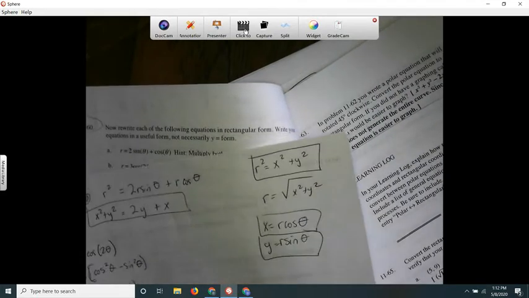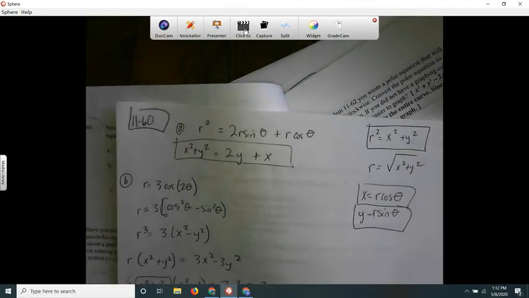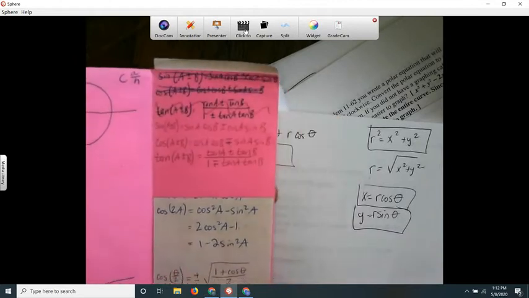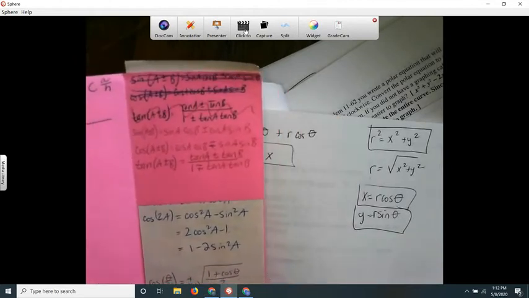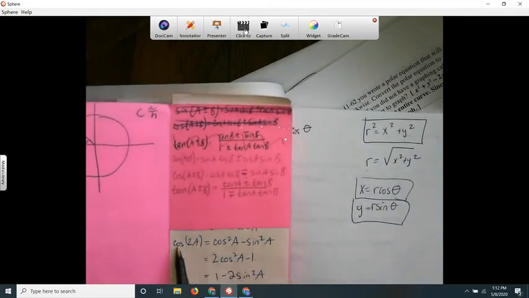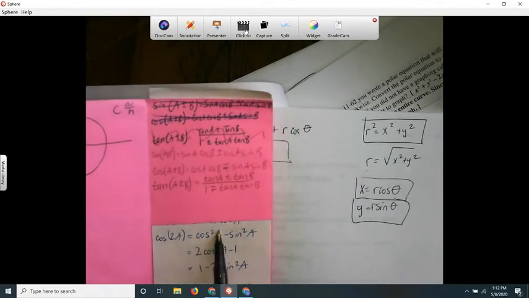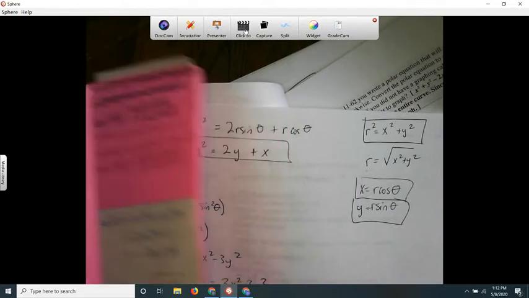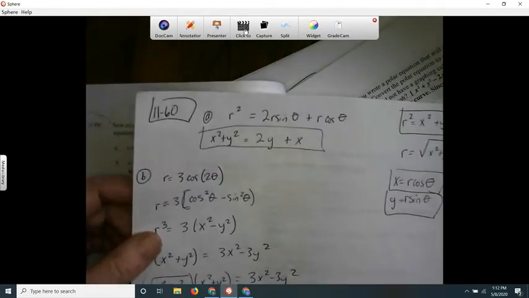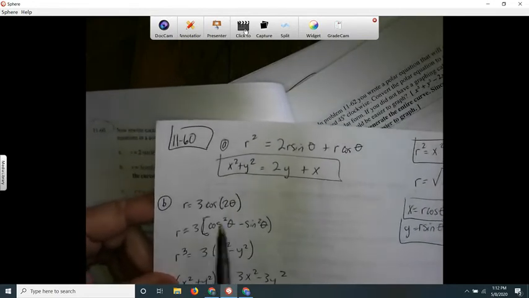But we don't have anything with a 2 theta, so sometimes we have to remember that there's a double angle formula somewhere. Well, it's right here, isn't it? Cosine 2a is cosine squared a minus sine squared a.